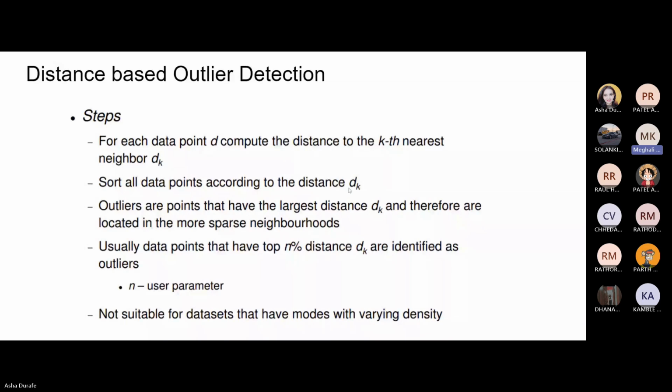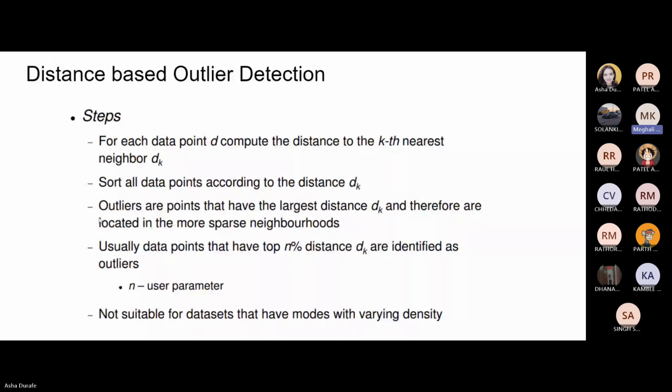You have to check the outliers which are there. So outliers, we have seen, are the points that have the largest distance and therefore they are located in sparse neighborhoods. So you have to use a parameter n; usually the data points that have the top n% distance dk are defined as outliers.